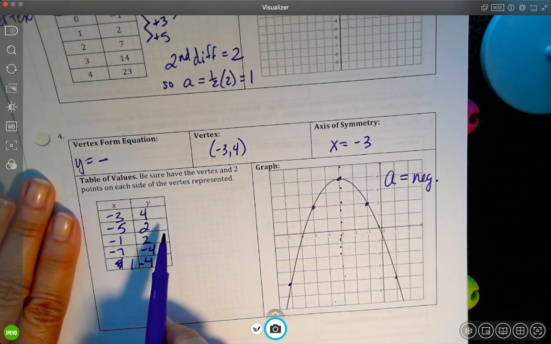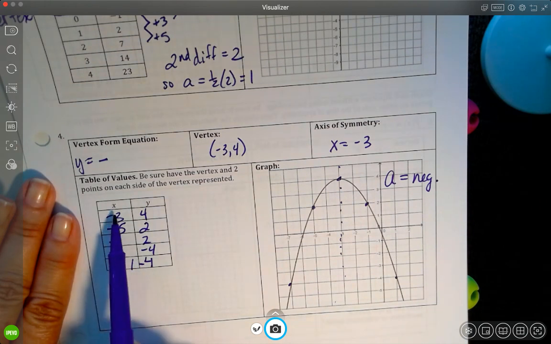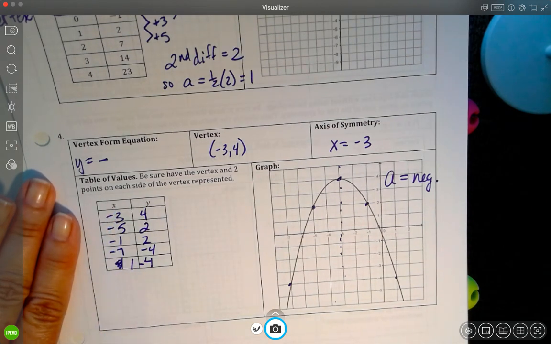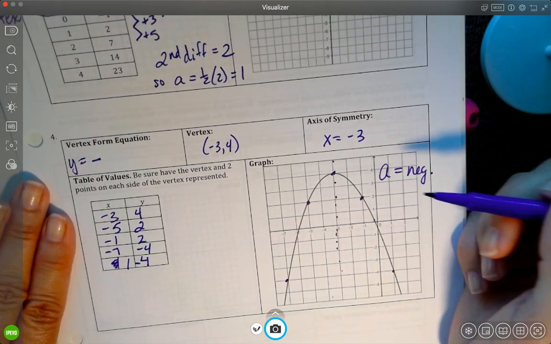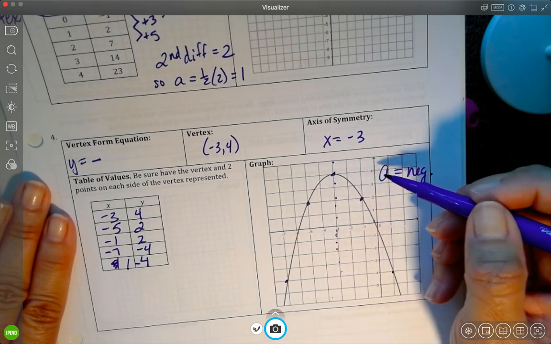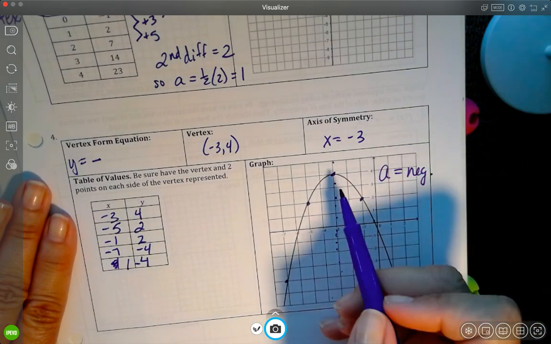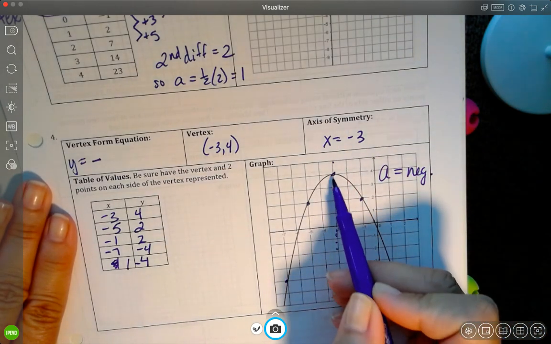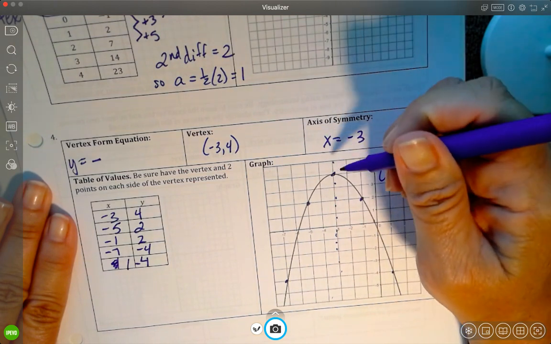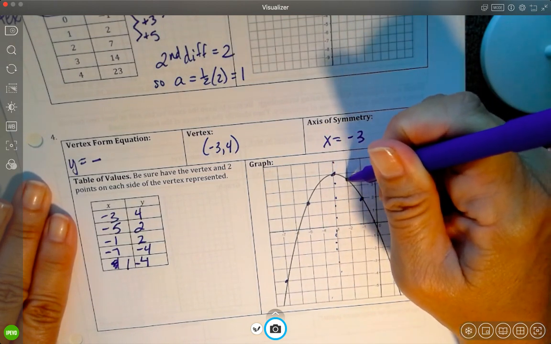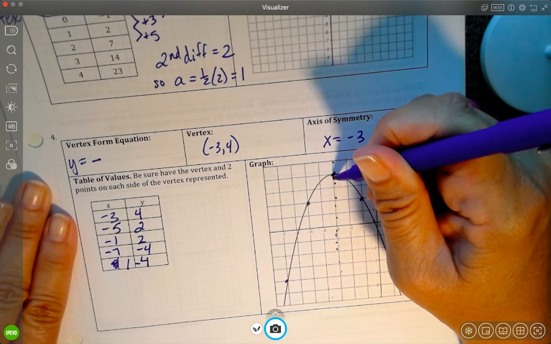So I could put them in order, but they're skipping by 1, by 2 or whatever. So I'm just going to use that method to find what A is, by going from one point. I have x is -3. And if I go to -2, I would go down 1, right 2.